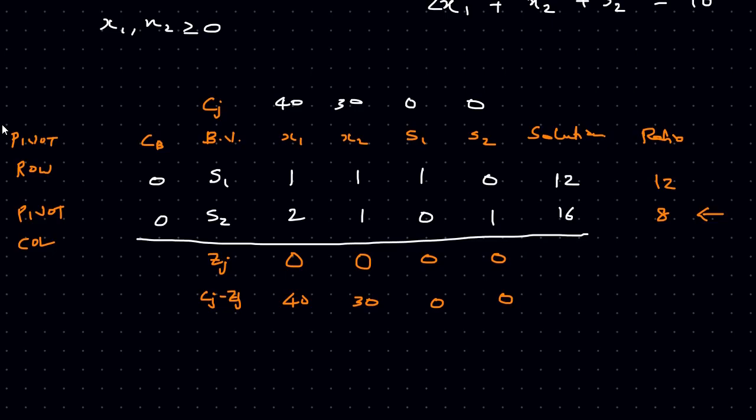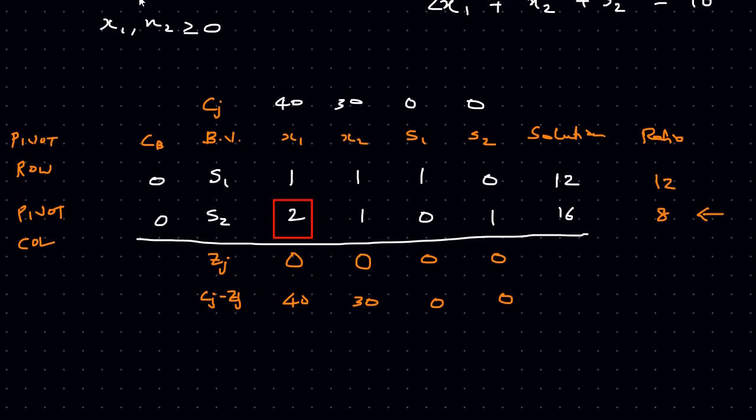Okay, so what we will do is we select this particular element here, 2. And why we select 2 is because 2 corresponds to the intersection of the pivot row and pivot column. We make that element 1, and we make the other element 0.